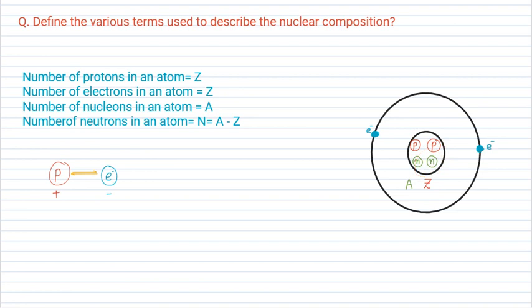It will be A minus Z. That means out of the total number of nucleons, remove the number of protons, and the remaining number will give us the number of neutrons. So the number of neutrons in an atom can be written as N equals A minus Z, where N is the number of neutrons, A is your mass number, and Z is your atomic number.